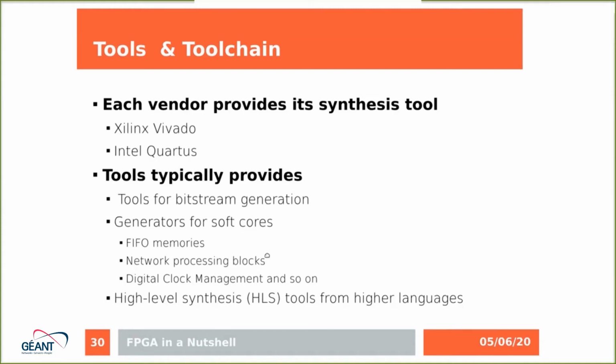For example, you can generate FIFO memories, network processing blocks, and you can generate and configure the digital clock management and so on. Again, I can show you how the work with the generator looks. And these days, the standard is also the high-level synthesis tool from higher languages, very typically C or C++.